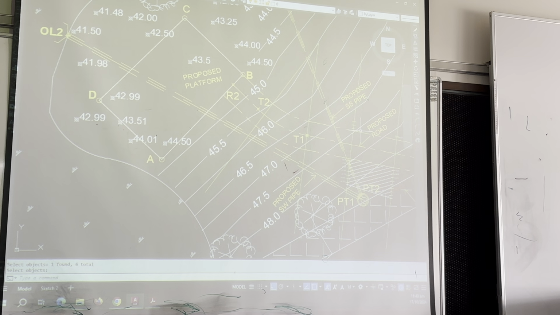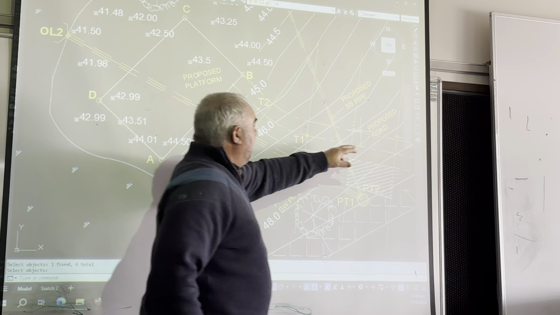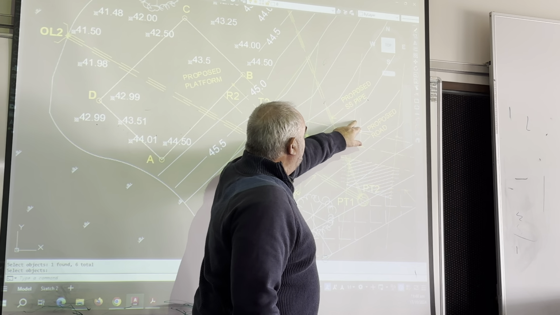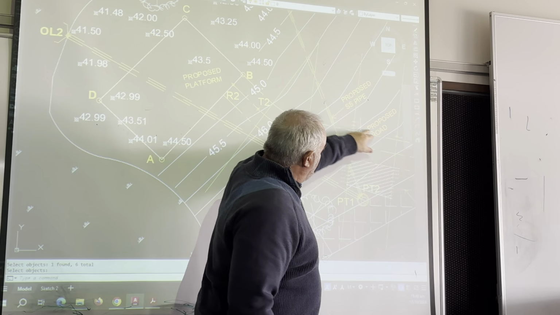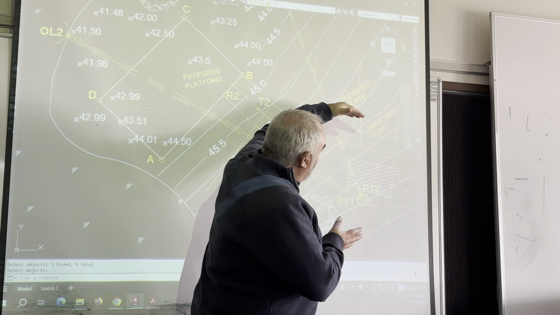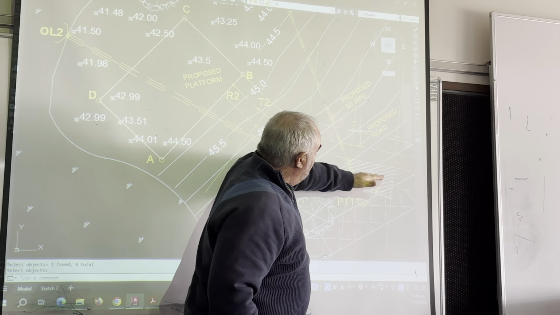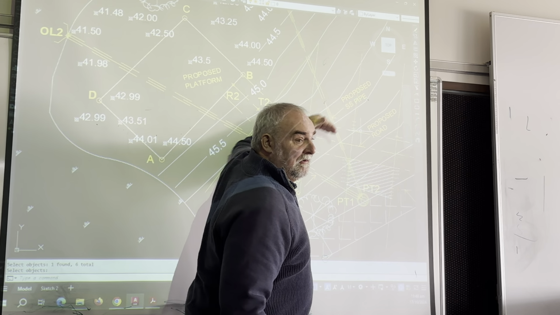I have demonstrated to you how to do one section, and pretty much it would be the same on this side. That would match into something over here, and they would end up being parallel as well. Normally what happens is they both fan in the same way on each side of a road.